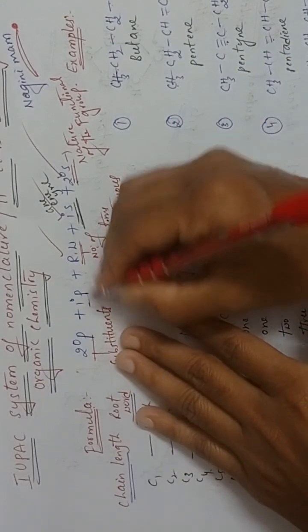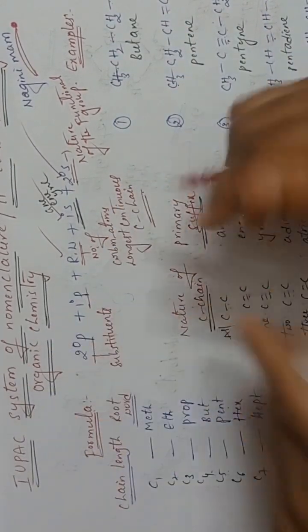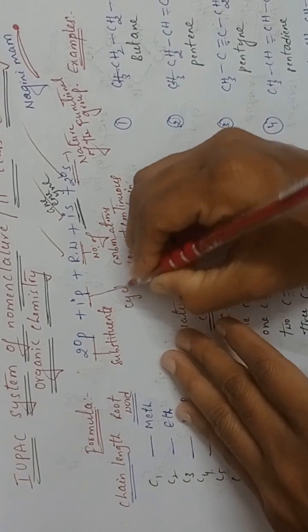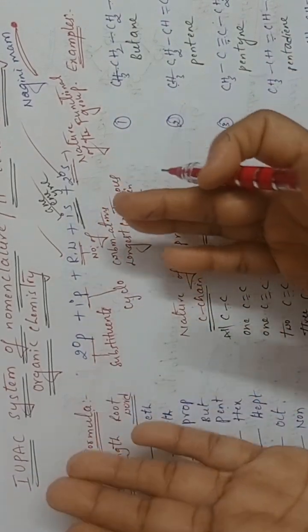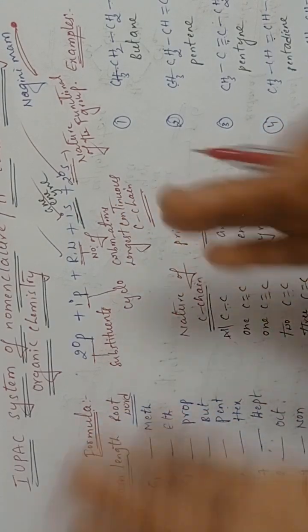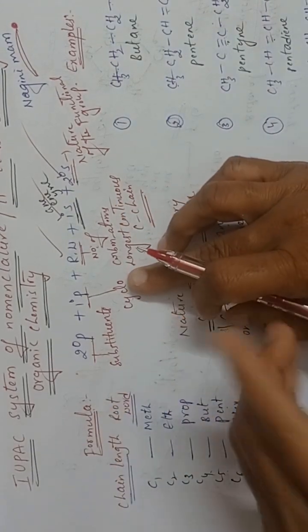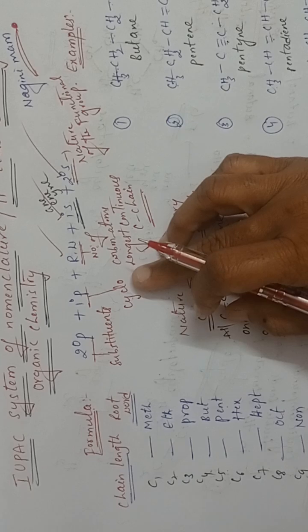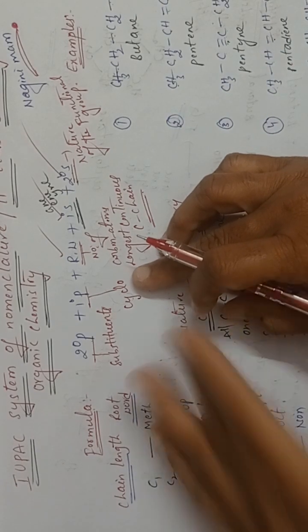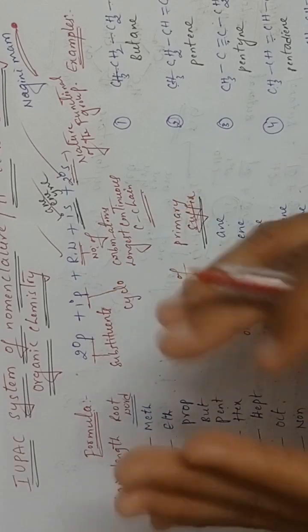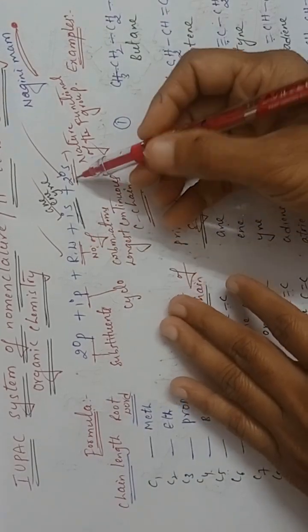Primary prefix is always cyclo. That means if the given compound is a closed chain structure, an alicyclic compound, then cyclo will be there. If the given compound is not a closed chain structure, not an alicyclic compound, then the primary prefix is absent.